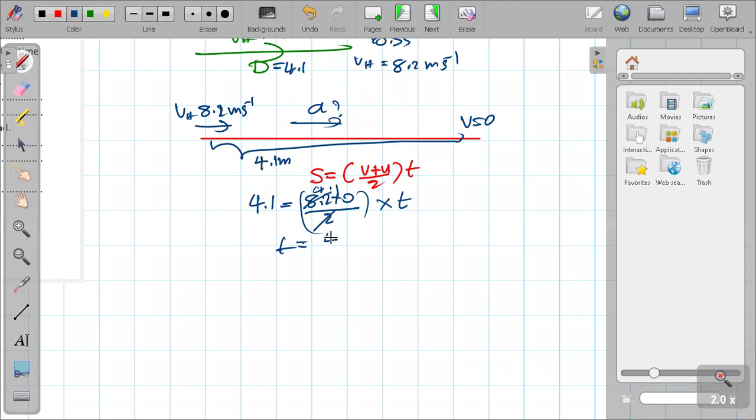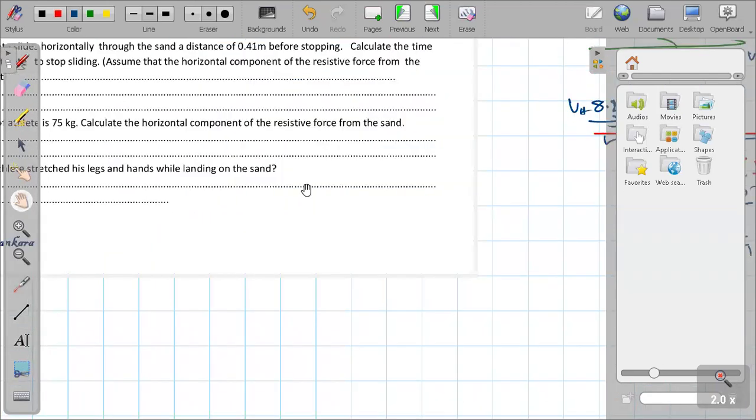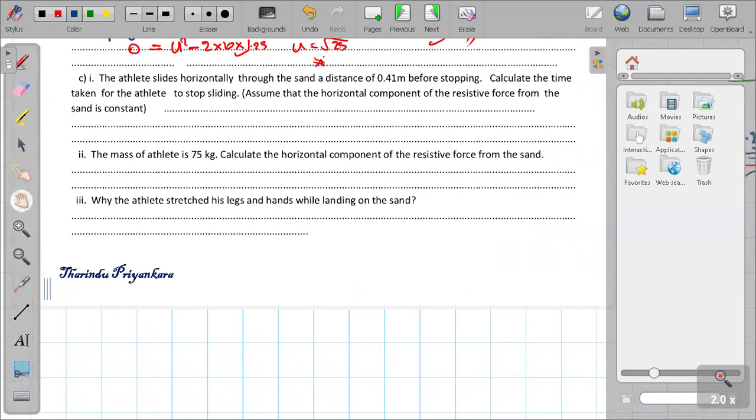T is equal to 4.1 over 4.1. Time is 1 second. Understand? Right. You don't want to show any of these steps. You can just write S equals u plus v over 2 times T.